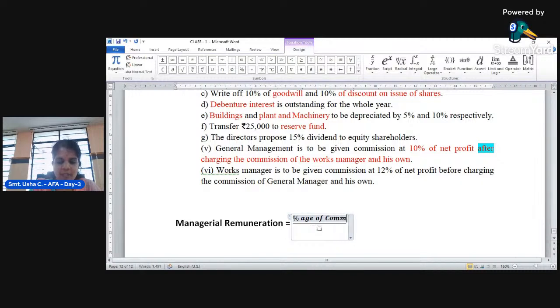Suppose the percentage of commission here is 10%. 10% divided by 100 plus percentage of commission, into profit. Whatever the net profit.